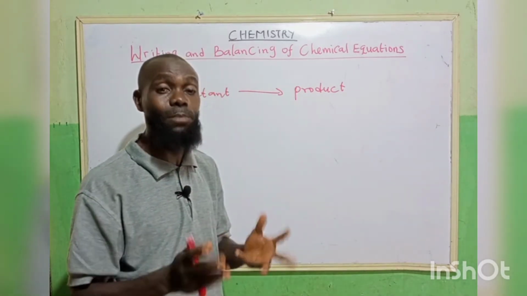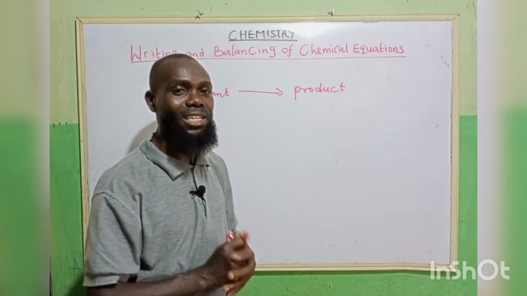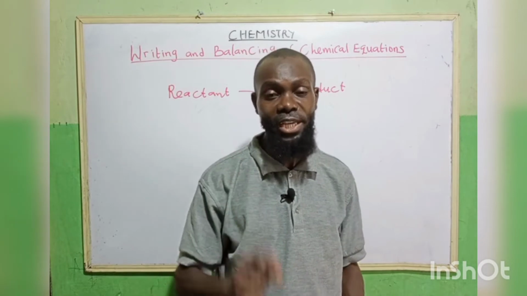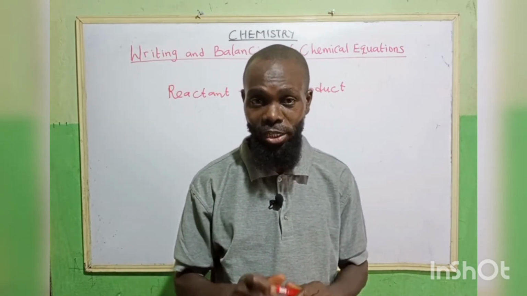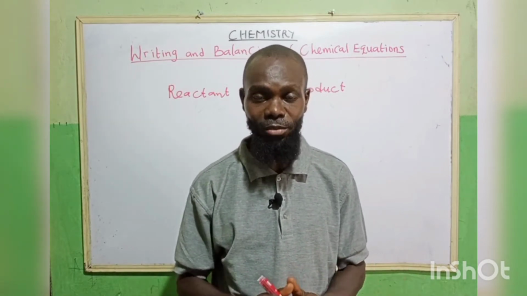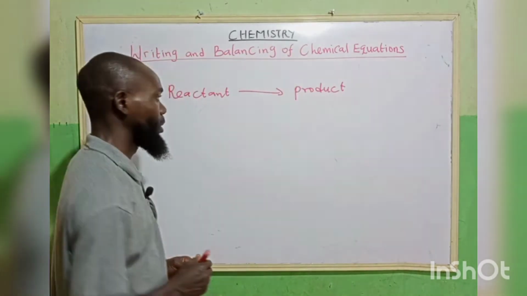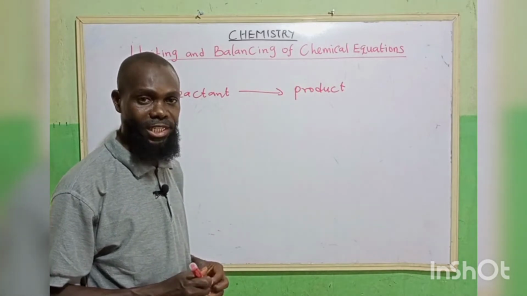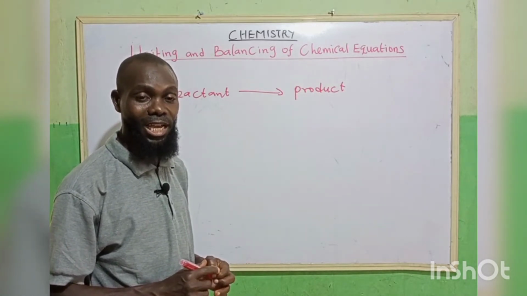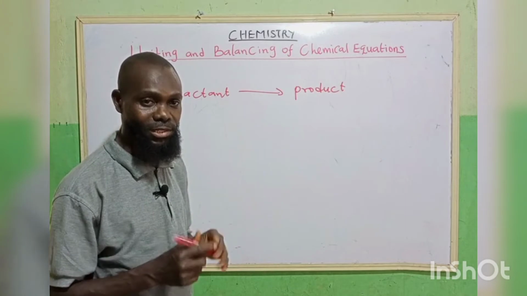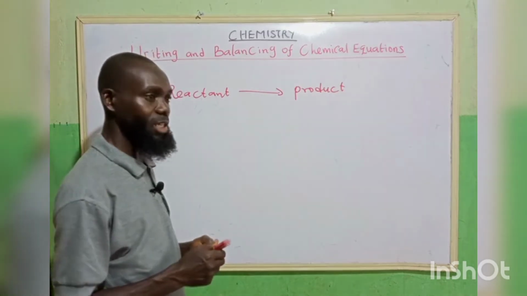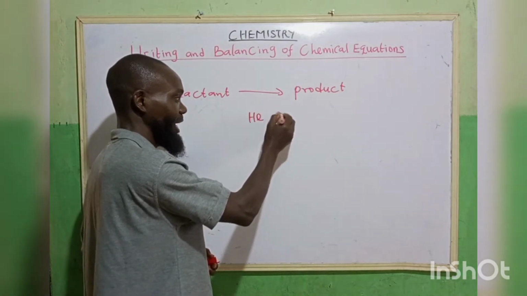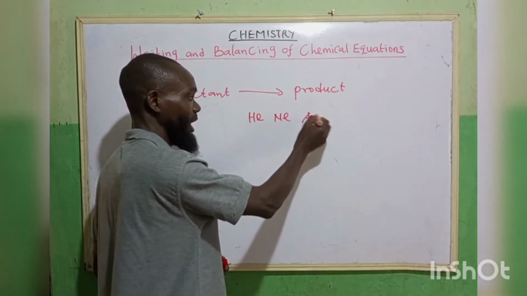Now, let's look at the simple rules that guide the balancing of chemical equations. The first rule is to write the chemical elements correctly as they occur naturally. As an example, the group 8 elements must be written using their correct symbols, like helium as He, neon Ne, argon Ar.